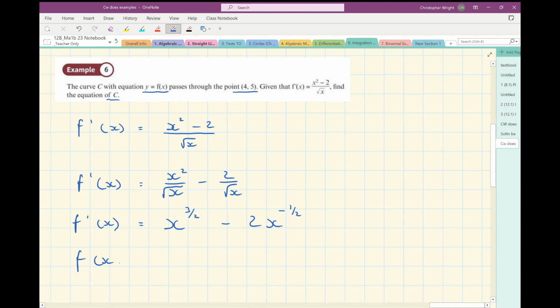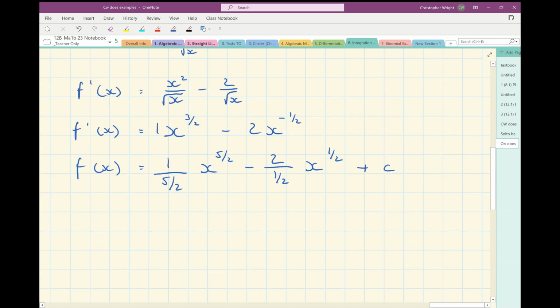So f of x will be, there's a 1 there, remember, 1 divided by the new power, x to the new power, minus 2 divided by the new power, x to the new power, don't forget the plus c. All right, let's make this a bit simpler, shall we? So f of x is going to be, the reciprocal of 5 over 2 is 2/5.